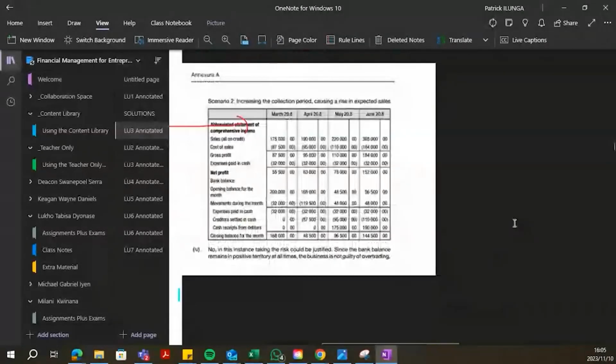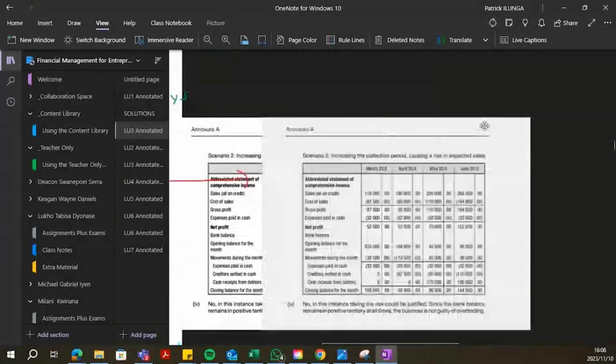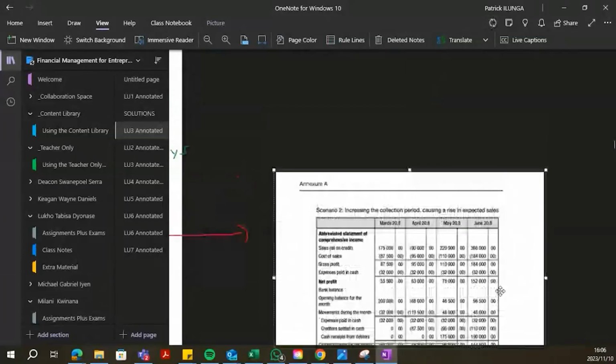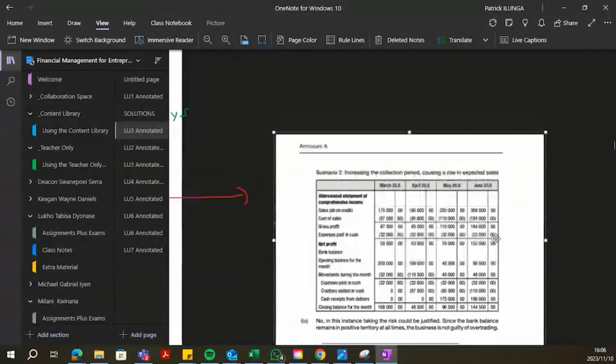No, sorry. Let me reverse that. My bad. What I'm saying is that the closing balance is less when you are collecting money after 60 days. If you are collecting after 60 days, look at your closing balance. It's less. Fine. But look at the net profit you are making: 152,000.